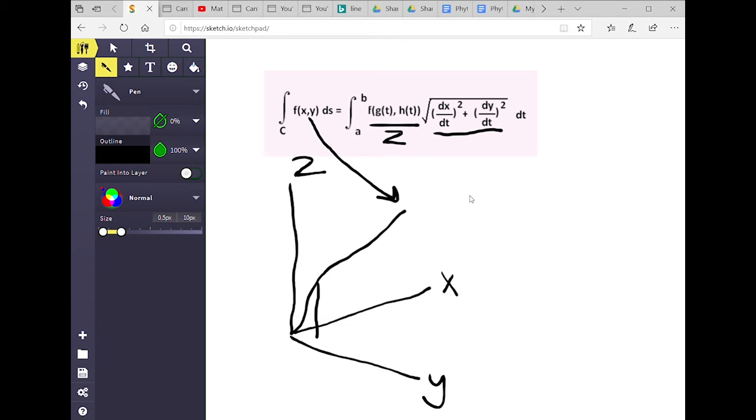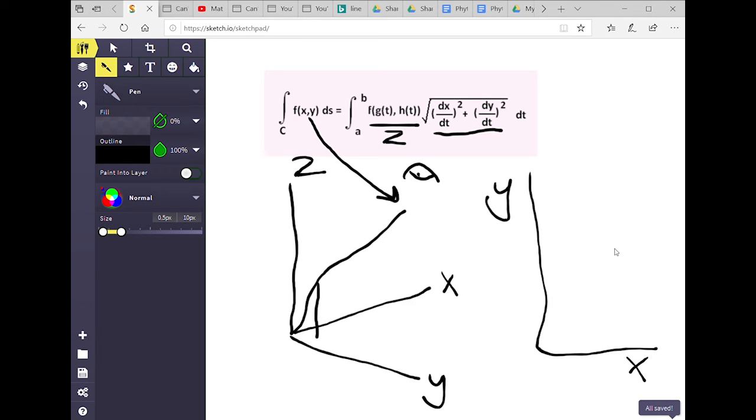Now, if you looked at this from a bird's eye view, so we have the x-axis and we have the y-axis, then we could see, let's say we had some function like that.